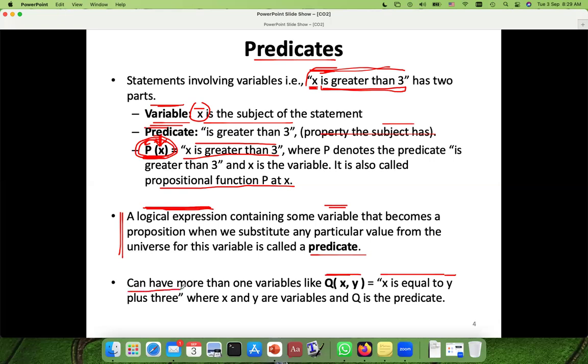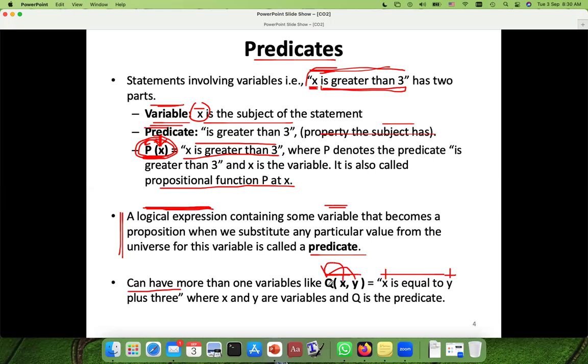This is a sentence, okay? Here you have two variables, x and y. The rest of the story, is equal to y plus 3, you are covering in this predicate Q, and here you have the two variables x comma y. And then the actual meaning of this is x is equal to y plus 3.